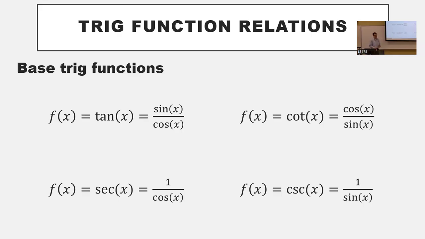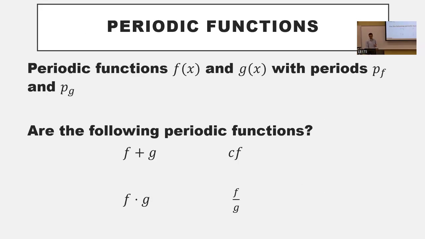So these 4 other trig function graphs are going to have asymptotes. Those asymptotes are going to happen when those denominators are 0. Now, another question that comes up is where are these functions periodic, or how are they periodic?